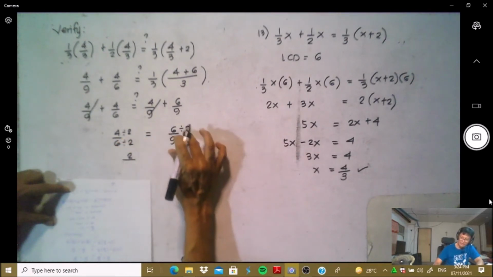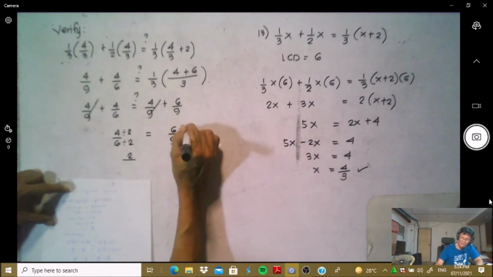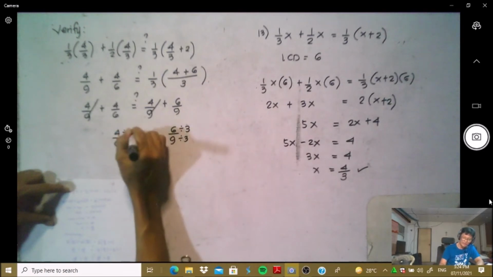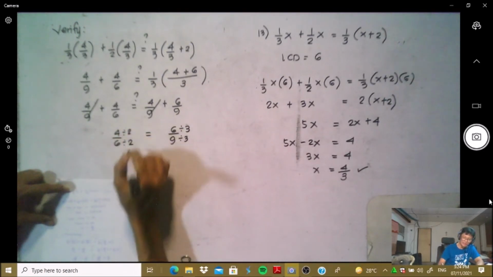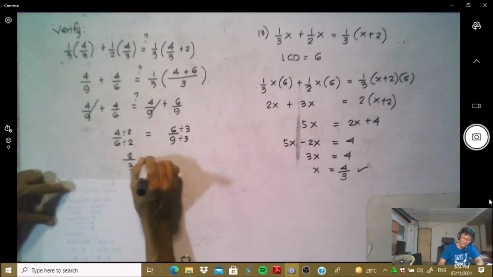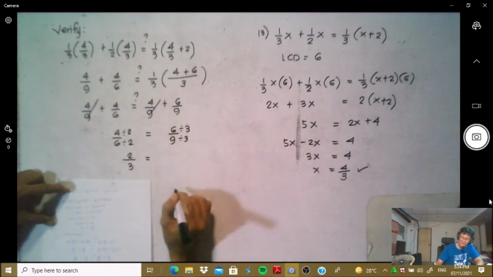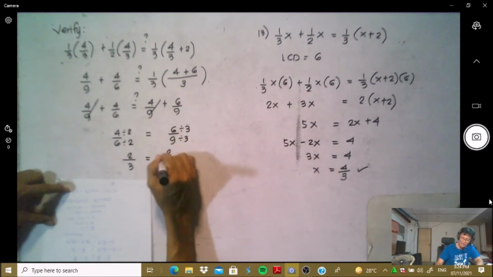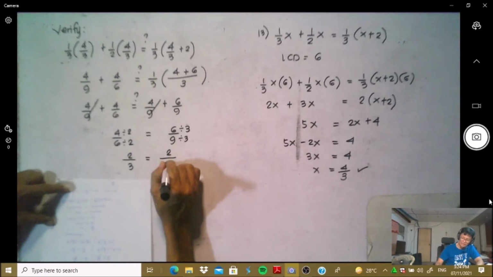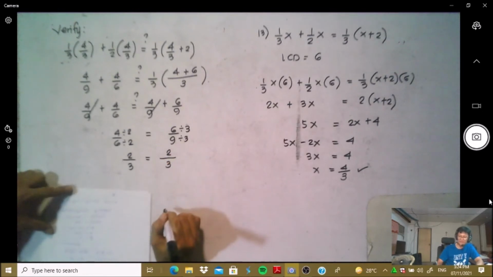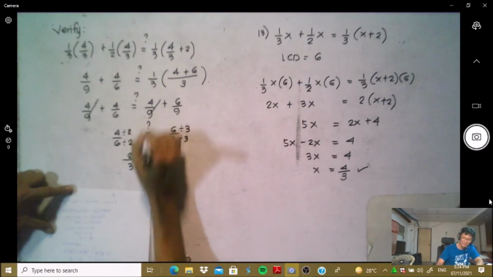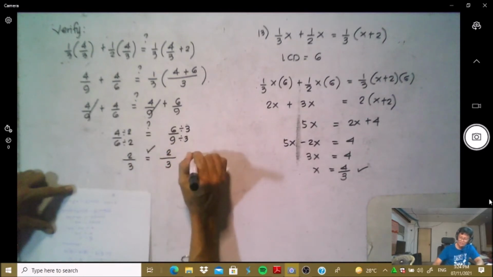And this one, divide this by 3. Sorry. So 4 divided by 2 is equal to 2. 6 divided by 2 is equal to 3. Then we have 6 divided by 3 is equal to 2. And 9 divided by 3 is equal to 3. So we have 2/3 is equal to 2/3.